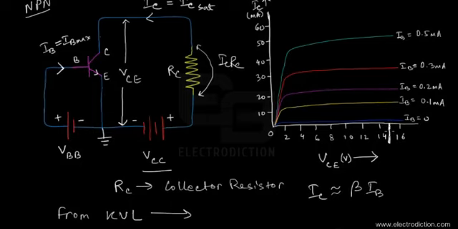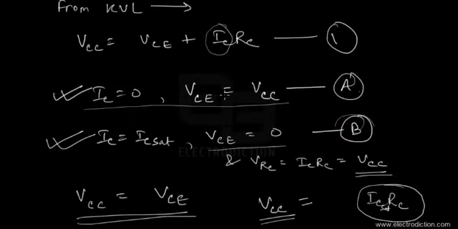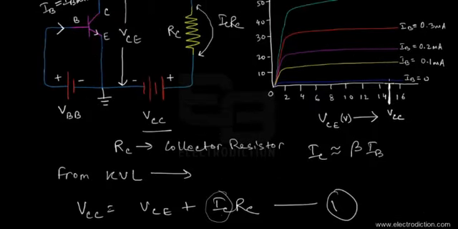I'm just going to pull it down and write it over here. So let's say that somewhere over here we have the point VCC, which just represents the magnitude of the supply voltage source. And for IC equal to 0, we have VCE equal to VCC. So this is the very first point that we're going to get right over here.